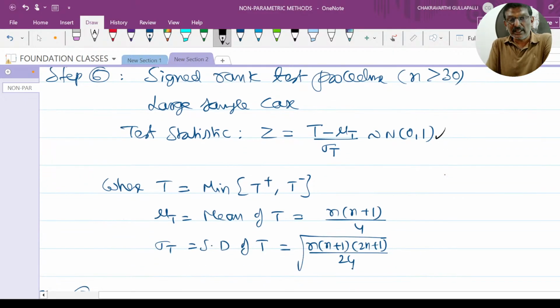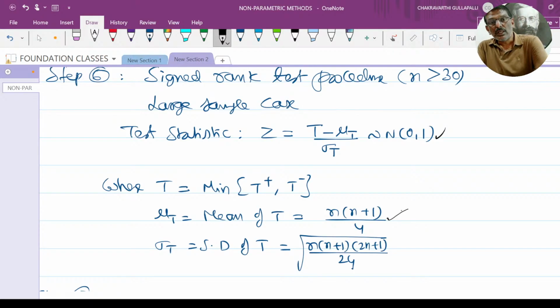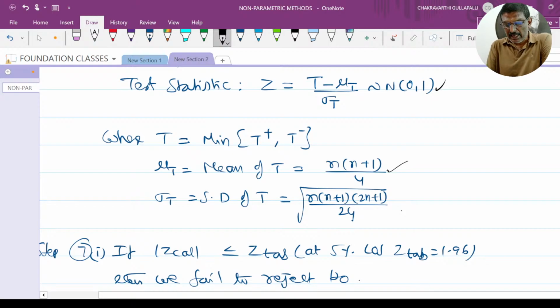Now calculate the mean of T using the formula n(n+1)/4. After discarding zeros, you have to modify the size of the sample: after discarding zeros, the number of remaining deviations is the final n value. The standard deviation of T is the square root of n(n+1)(2n+1)/24.